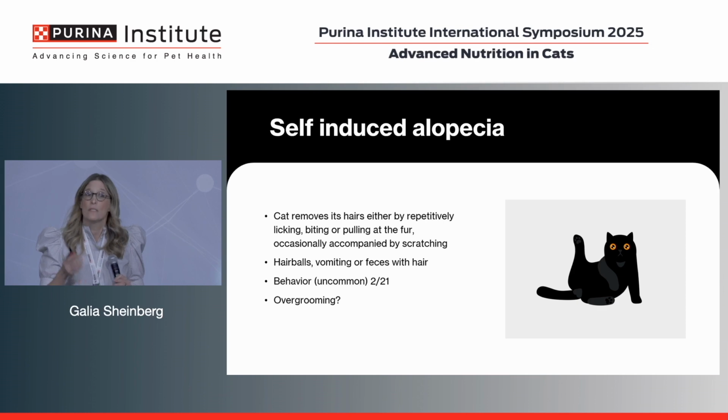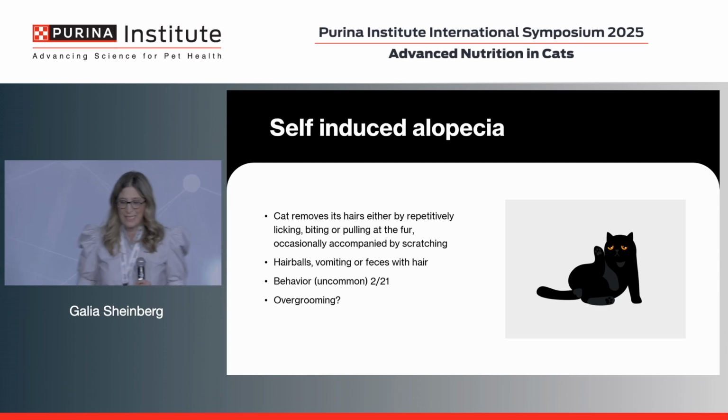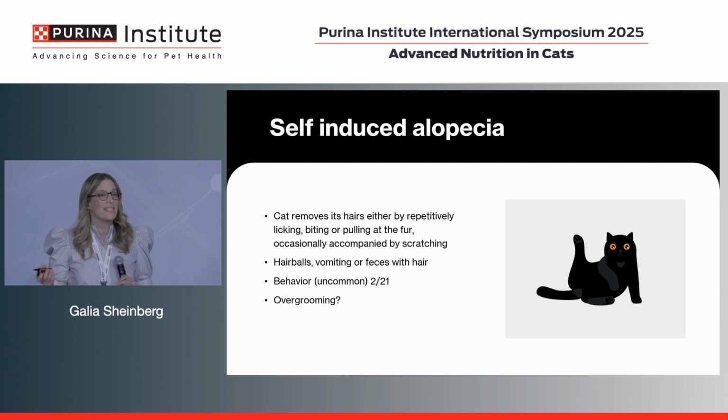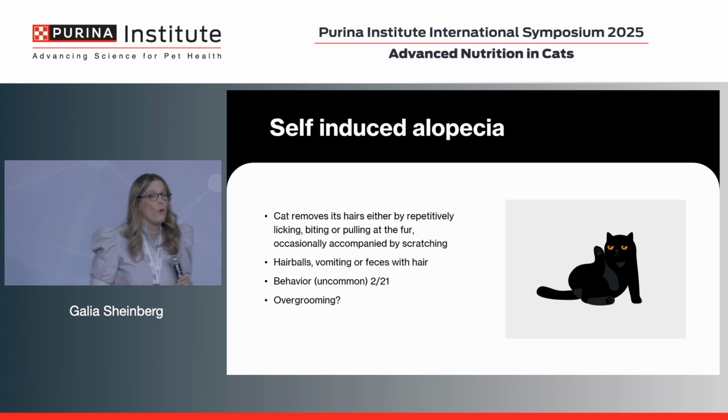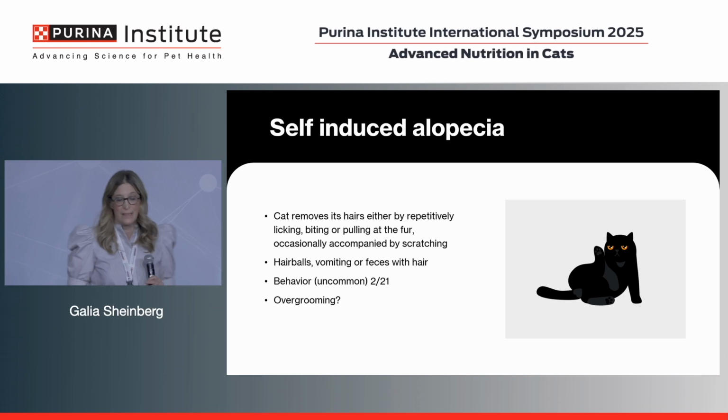Don't go there, because sometimes ectoparasites can cause this, so you have to work up these cases. Many of these cats can present with repeated hair balls, vomiting, and feces with hairs, and if an owner notices them, we do have to pay attention to this.